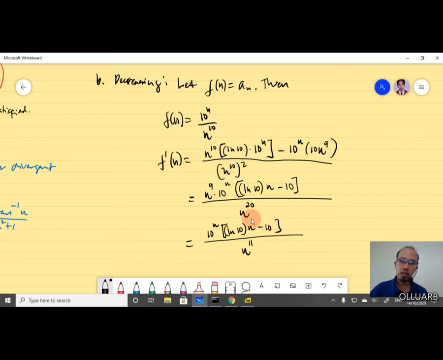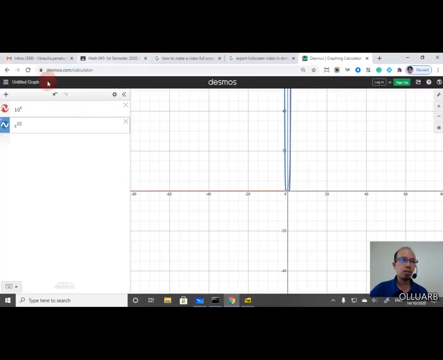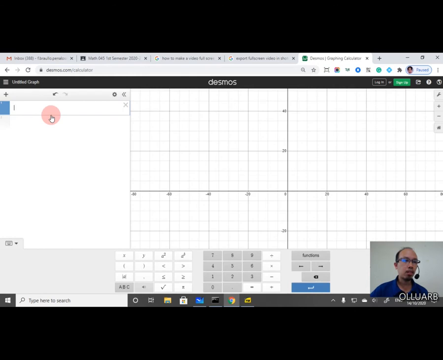So the question here is this factor. In this factor here, is it always negative for all n greater than or equal to 1? So let's try that in the Desmos calculator or graph.